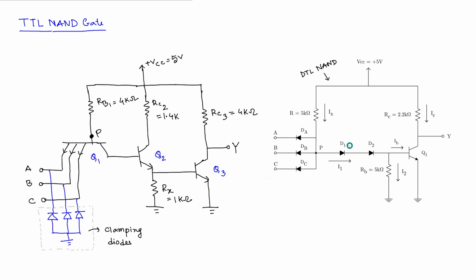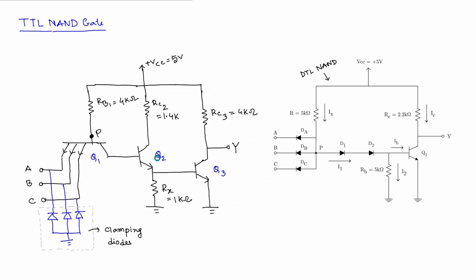Then if we look at D1 we had in DTL, similarly we have this junction, this base to collector junction of Q1, replacing D1 here. Similarly here we are going to see a similar kind of voltage drop, and for D2 you can see we have this junction here.